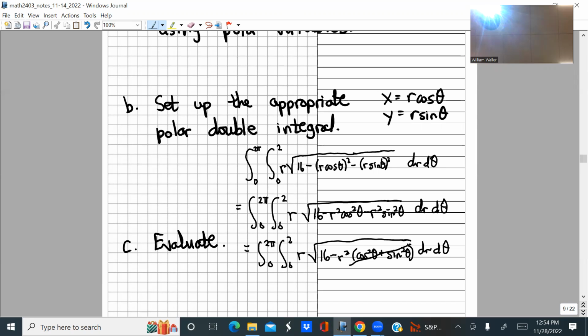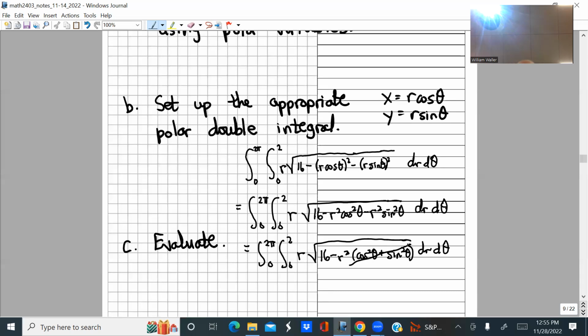But I think this one we get a little break on because of this factor r. r is close to the derivative of 16 minus r squared. The derivative of 16 minus r squared is minus 2r, and this is r.